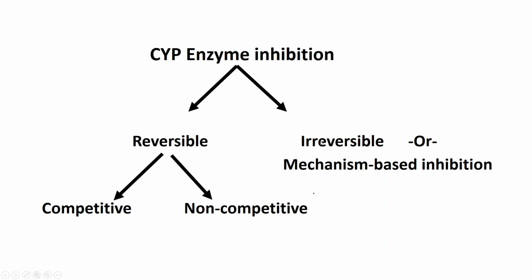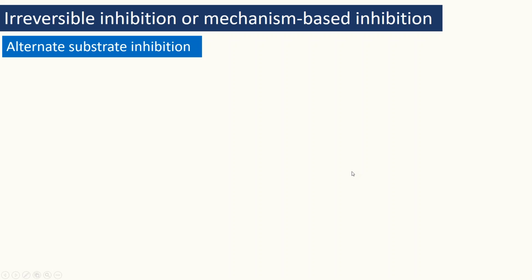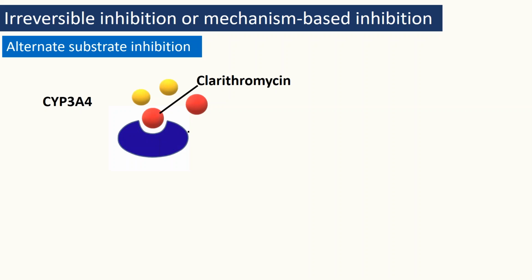All right, finally we have CYP enzyme inhibition that is irreversible and mechanism-based inhibition. They are much more interesting. There are two types. One is alternate substrate inhibition. An example is the CYP3A4 enzyme. The classical and most common example of a very serious drug interaction is clarithromycin, a strong CYP3A4 inhibitor.